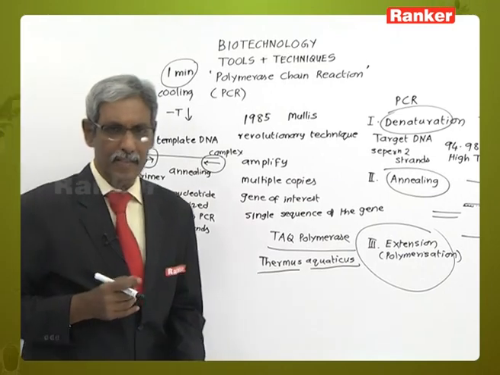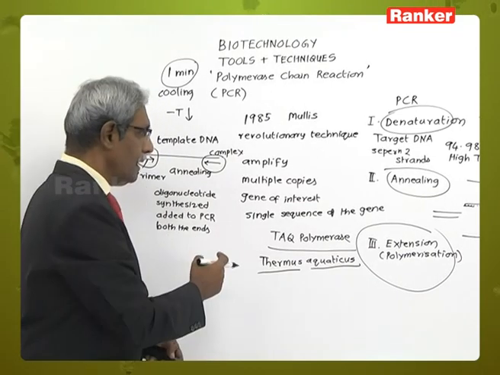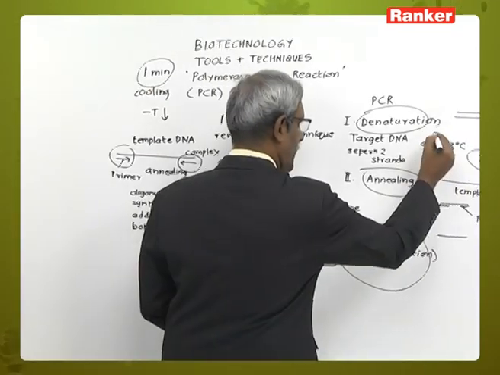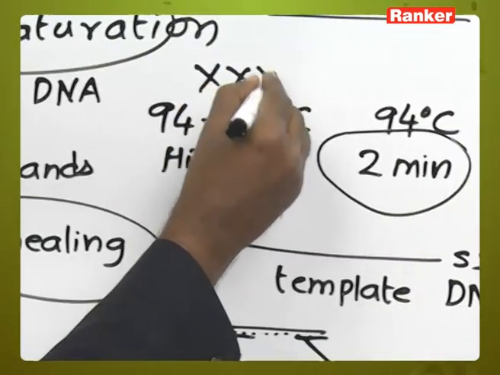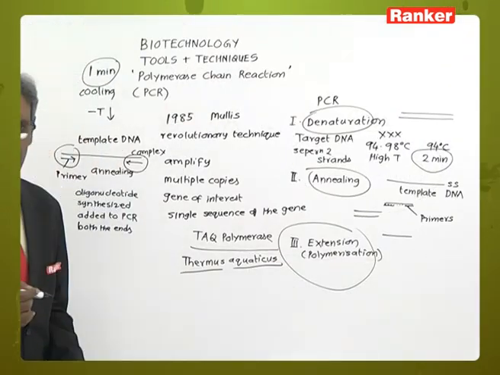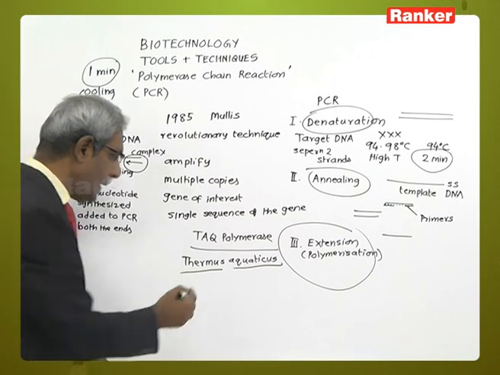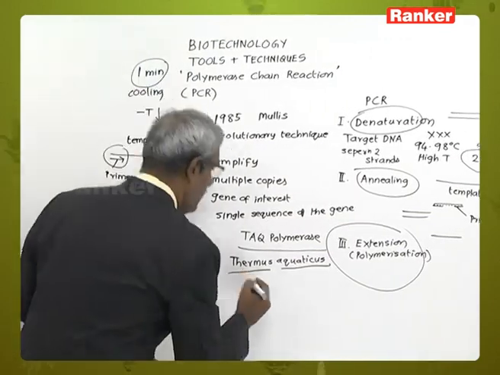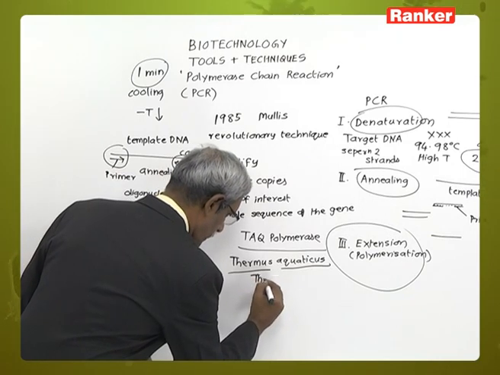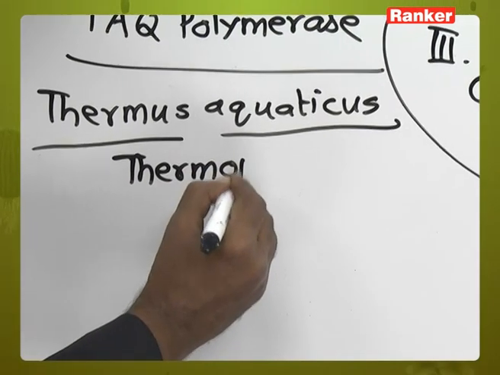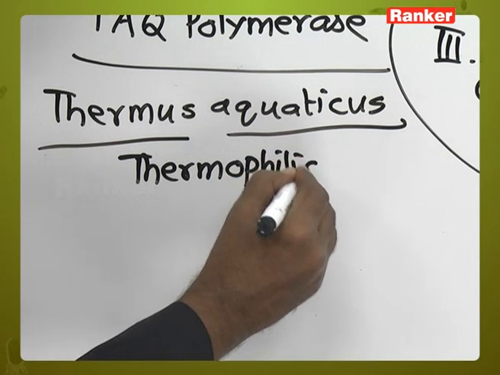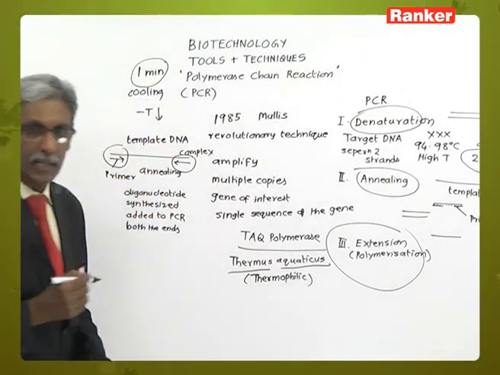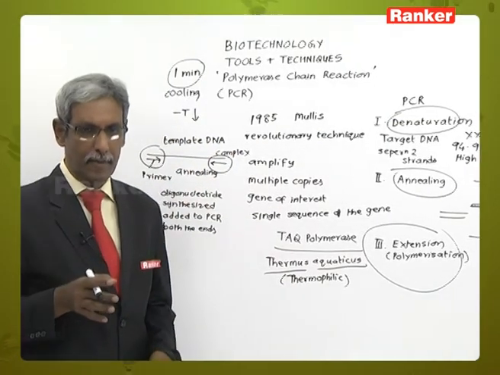So, Taq polymerase is an enzyme which is added over here, and it is resistant to very high temperatures. Taq polymerase has been derived from a thermophilic bacteria, which is present in the hot springs and in thermal aquifers.